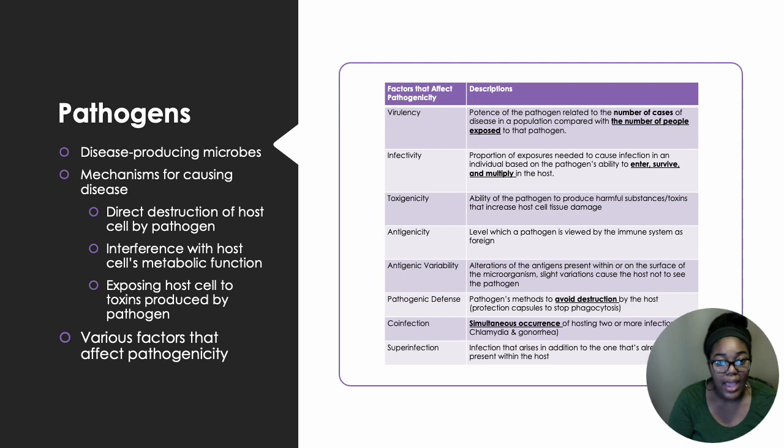So again, you do have different factors that affect pathogenicity, and I want you to understand that it's not just one level of this. It can have several of these pathogenic factors that make it more potent than others.